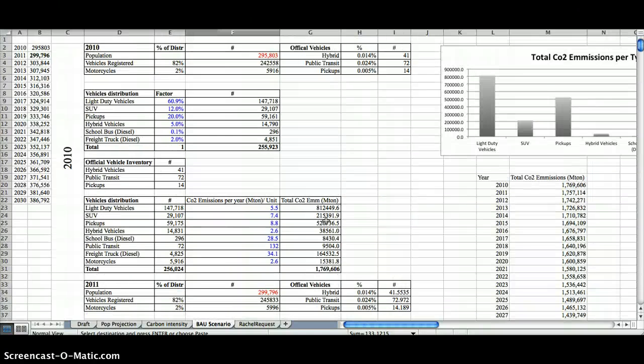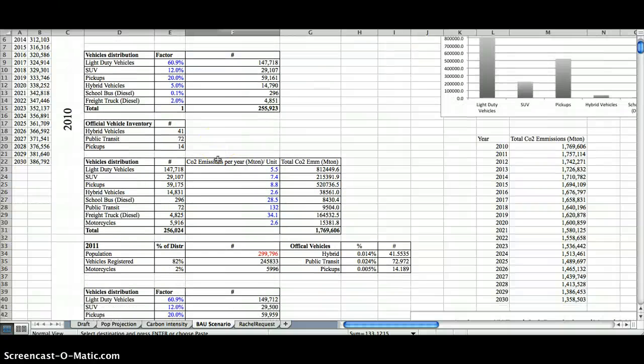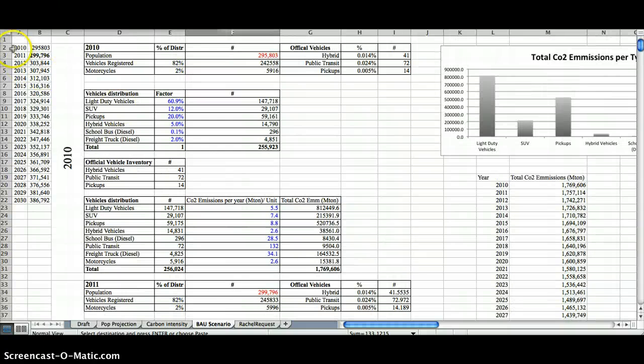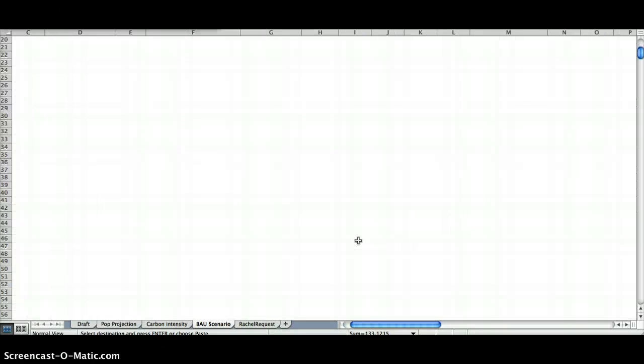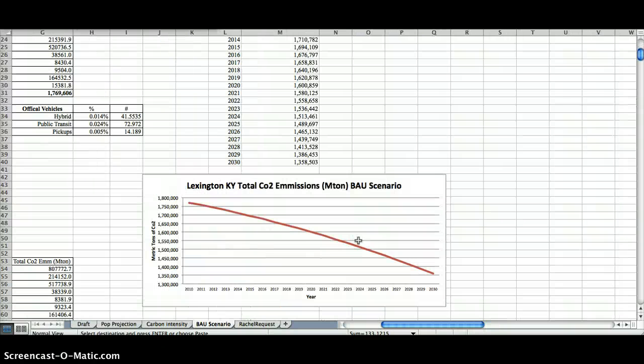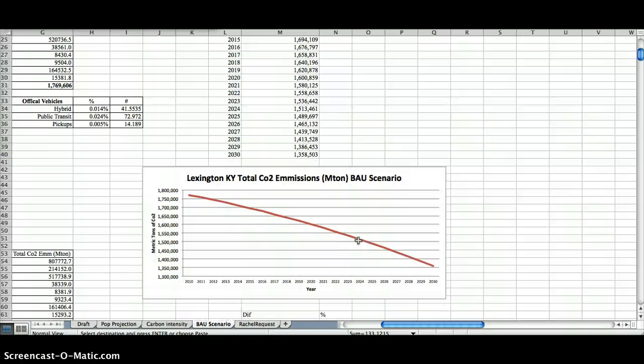And of course, for each year that we are studying, I am applying the new population growth. So even though population is applying, at the same time the carbon intensity reductions apply. That's why we obtain something like this as our business as usual scenario.